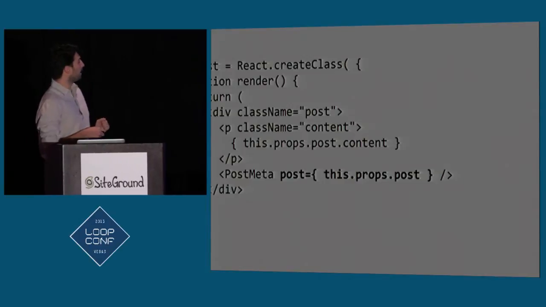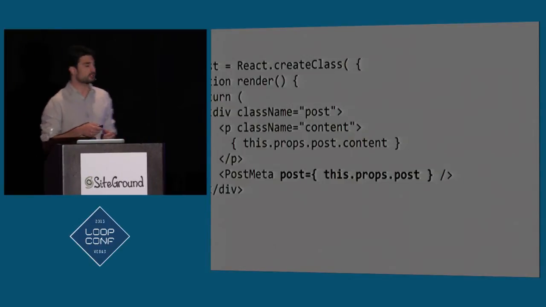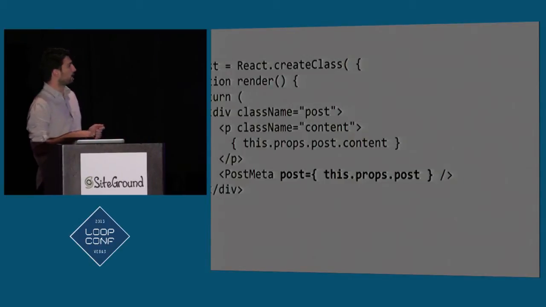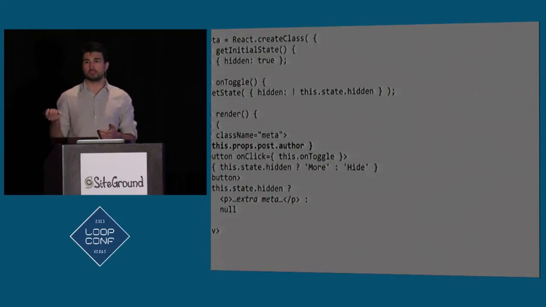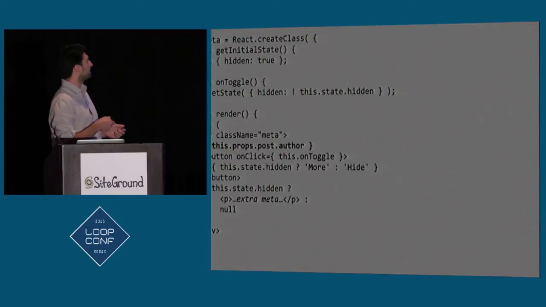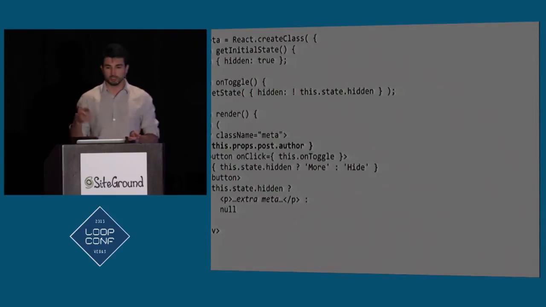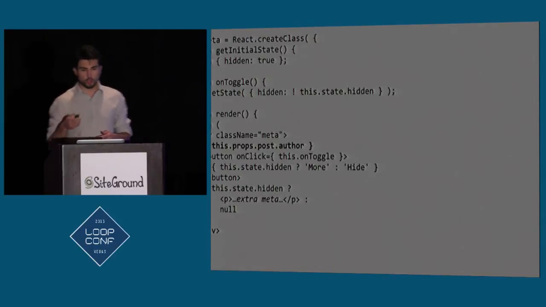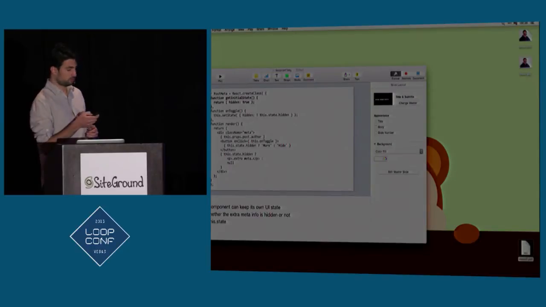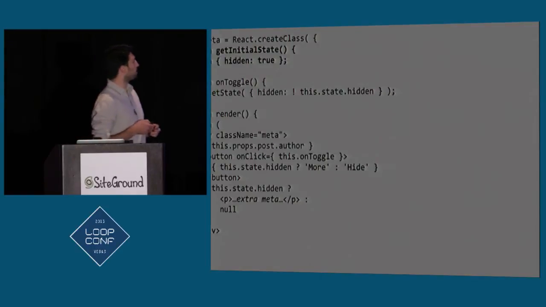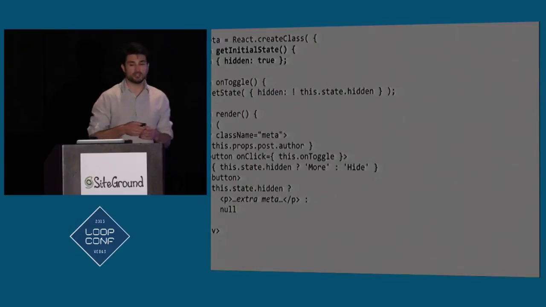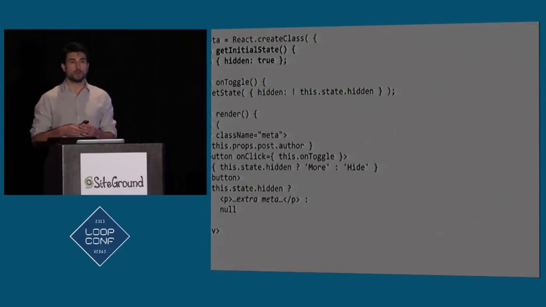And see, when we nest components, all the properties we pass here, all the attributes, are actually accessible inside the child component as this.props. Also, each component can have its own internal UI state.